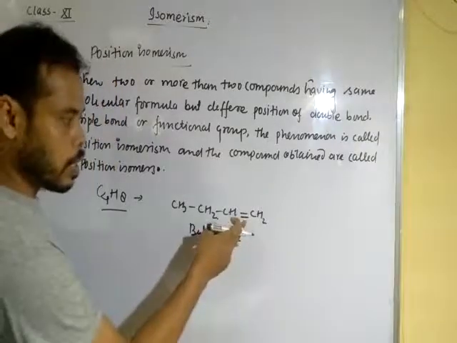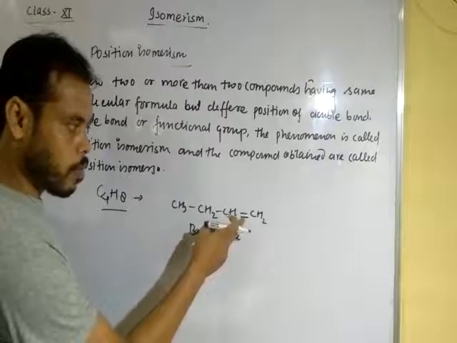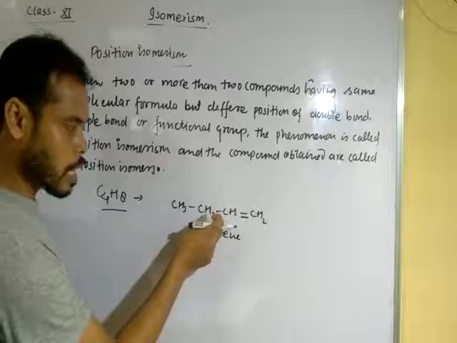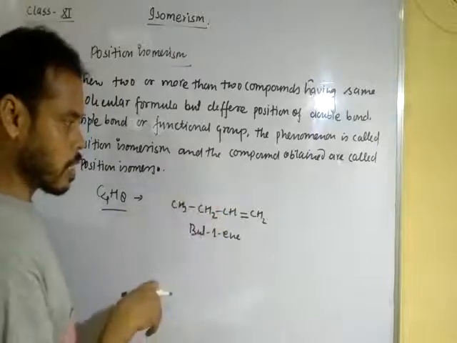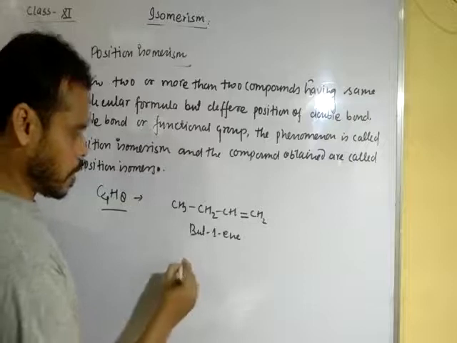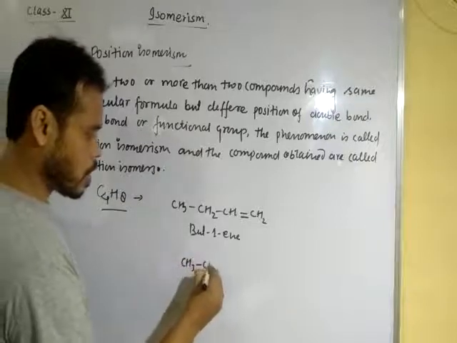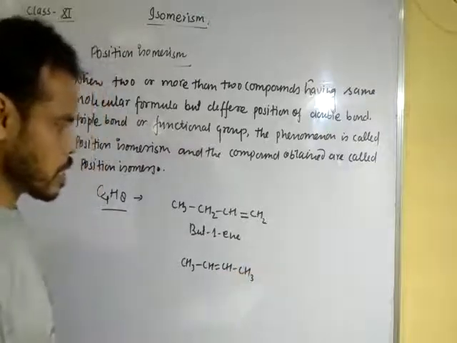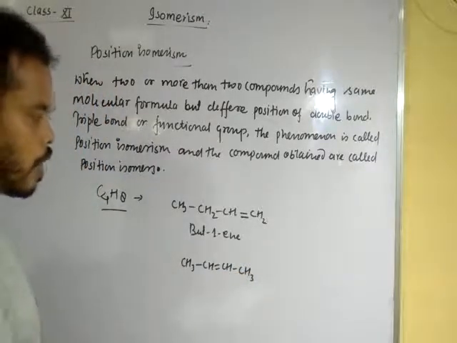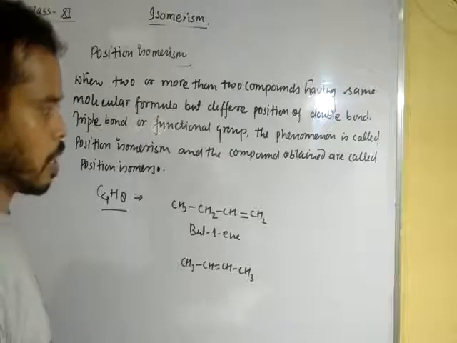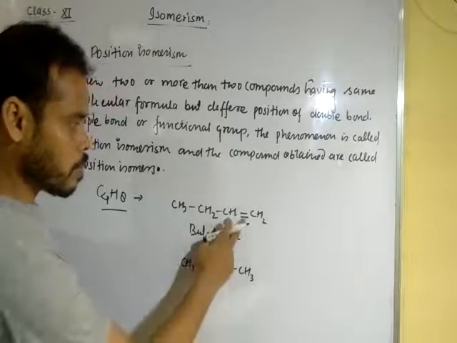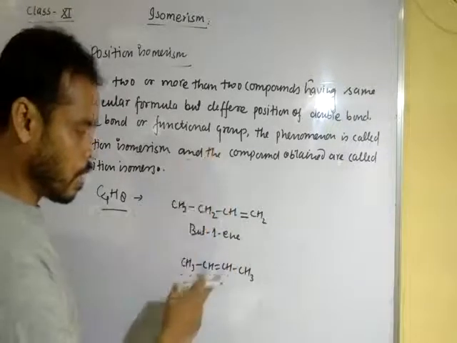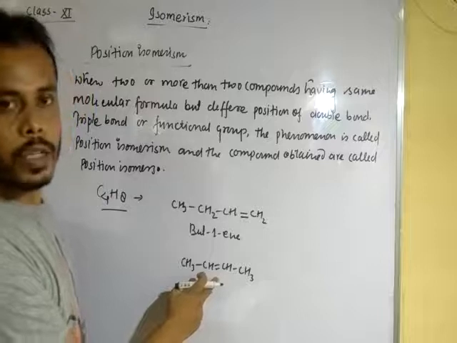Then the double bond shifts from between these carbons to the next, and the other structure obtained is CH3, CH=CH, CH3. You can see both compounds have the same molecular formula but a different arrangement of the double bond. Here the double bond is at carbon number 1, while here the double bond is at carbon number 2.